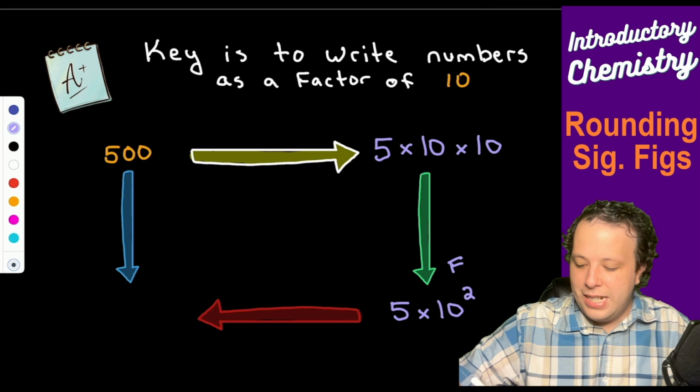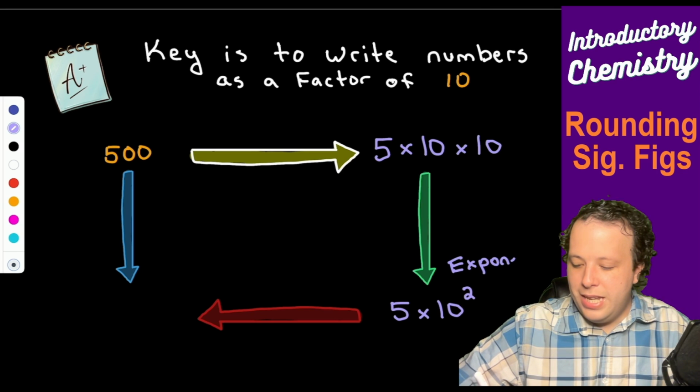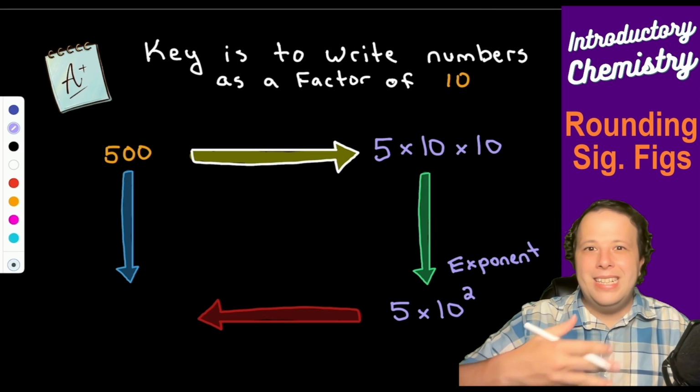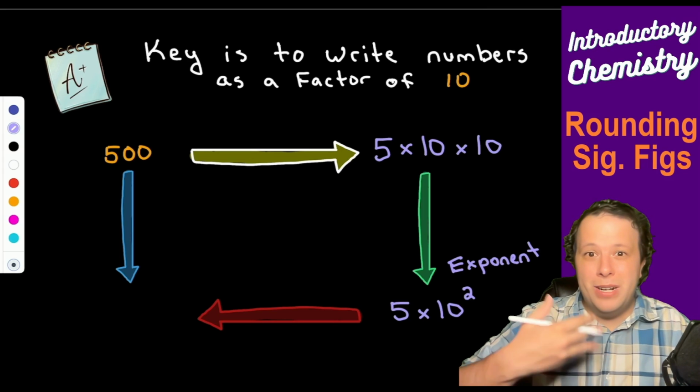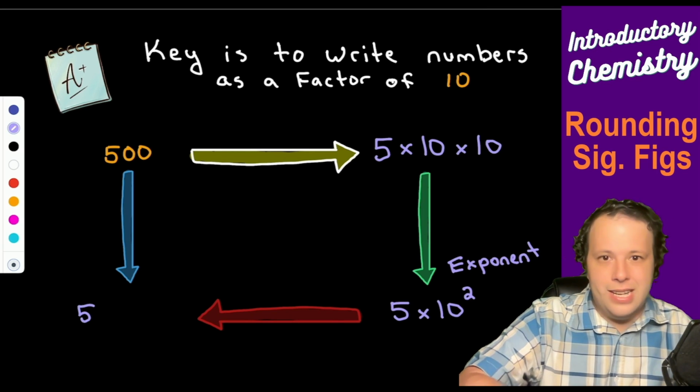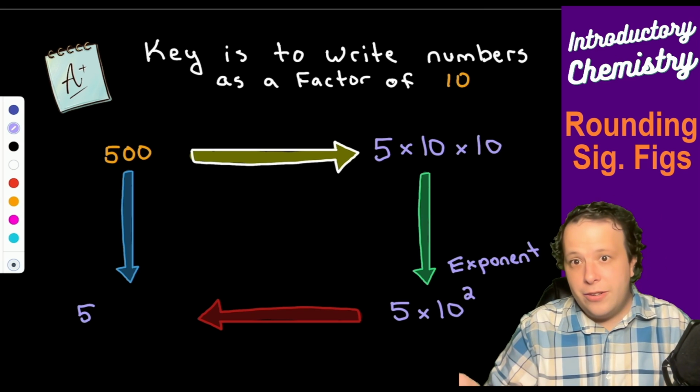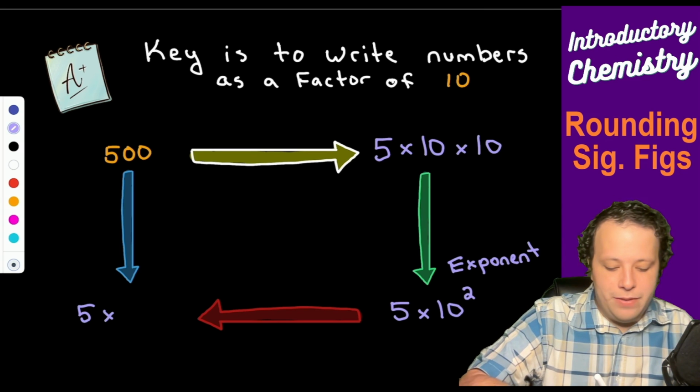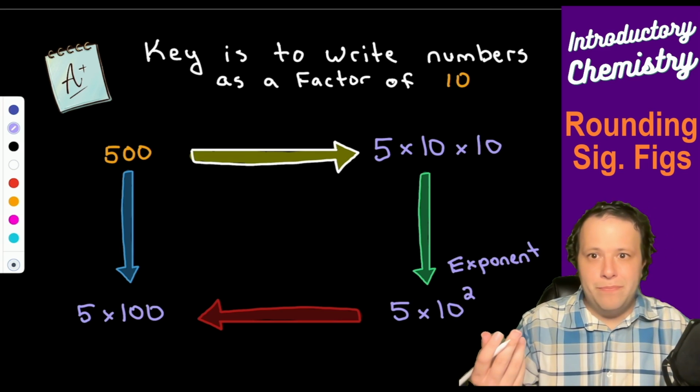We can use exponents to say how many places we moved. Another way you can show this is that 10 times 10 is 100, so it's the same thing as saying 5 times 100.